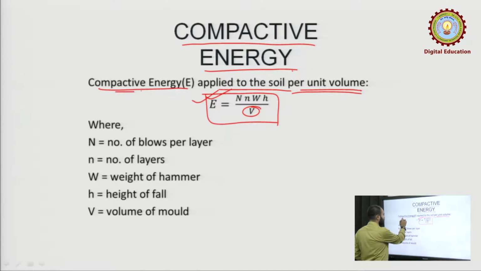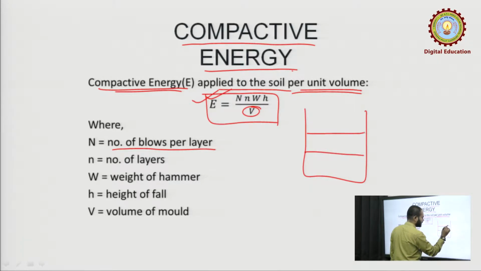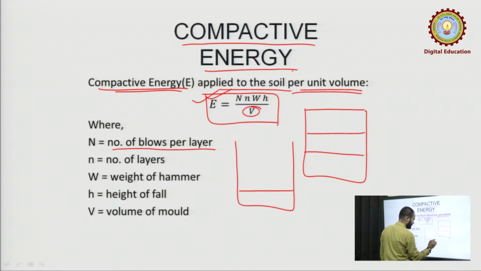E is obviously the compactive energy. Now what is n? n is the number of blows per layer. Suppose this is the specimen. Generally we compact the soil in 3 layers, or sometimes in 5 layers.